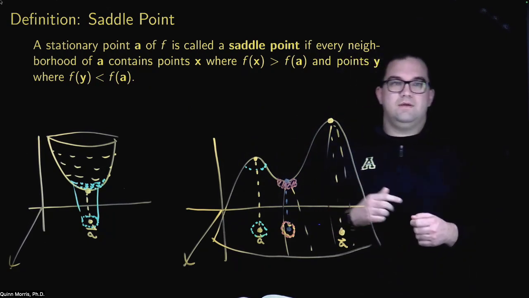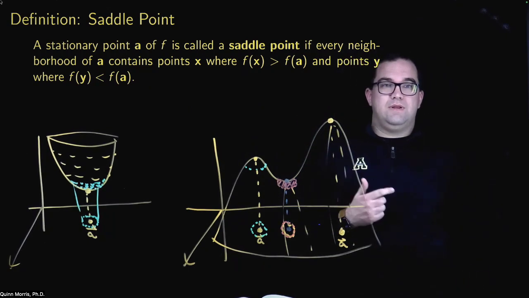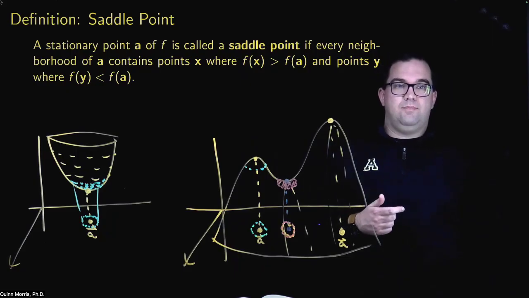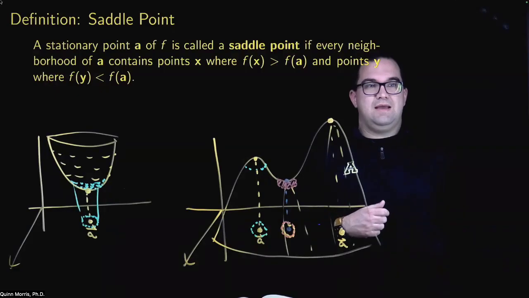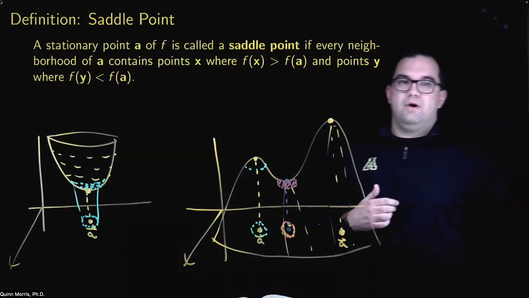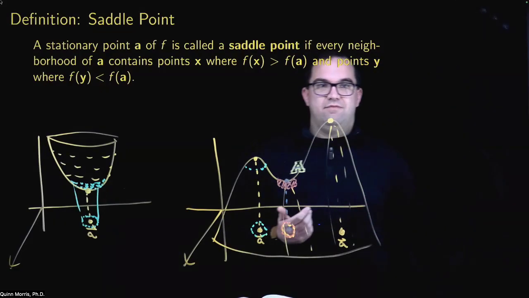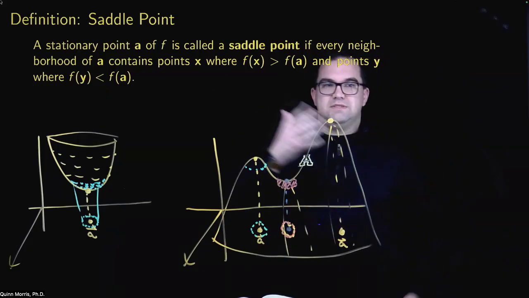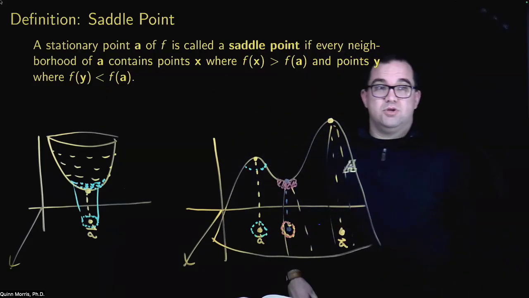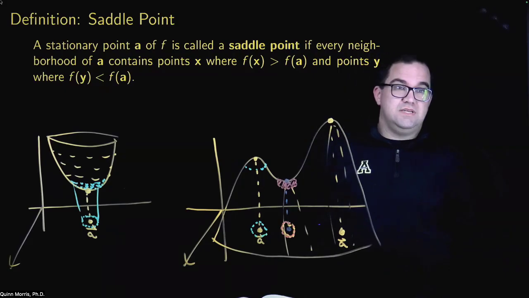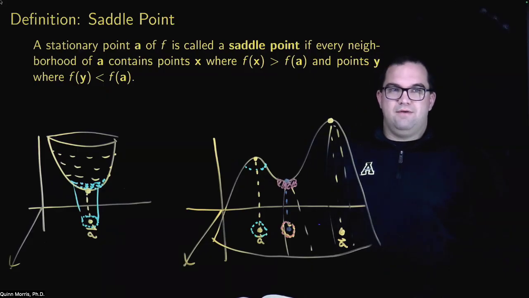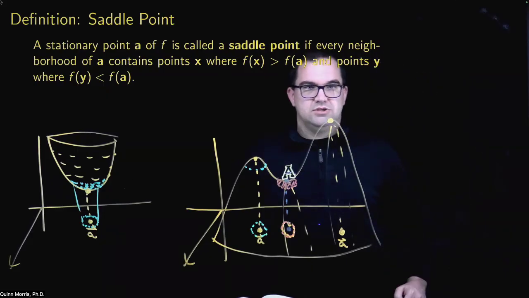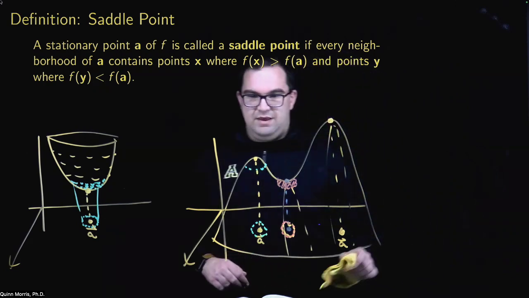So again, a stationary point is called a saddle point if every neighborhood of the stationary point contains a point x where f of x is greater than f of a and a point y where f of y is less than f of a. It says points, and in many cases there'll be more than one, but you really just need to show that for every neighborhood, there's at least one point x such that f of x is greater than f of a, and one point y such that f of y is less than f of a.